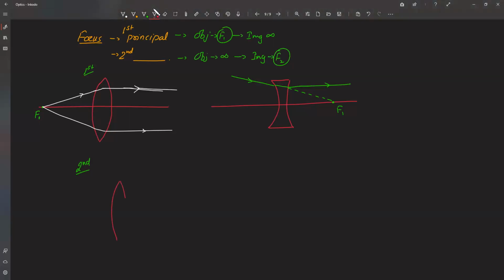So if you take the same example of a convex lens, the rays coming from infinity will actually converge at a given point. That point is nothing but the second focus.